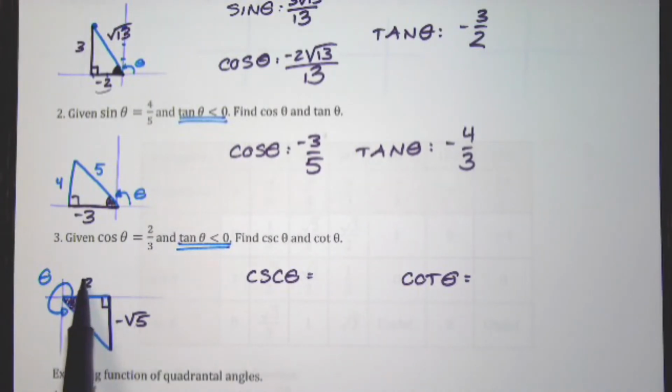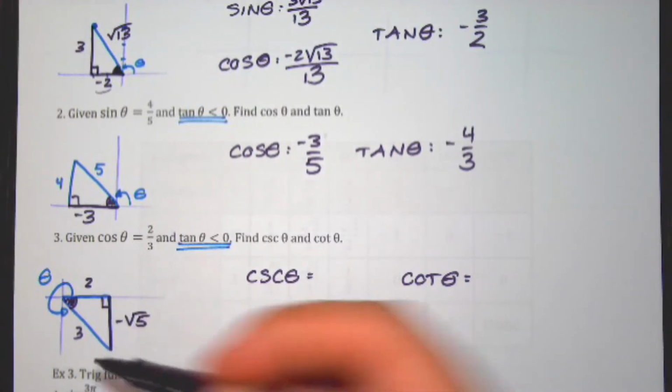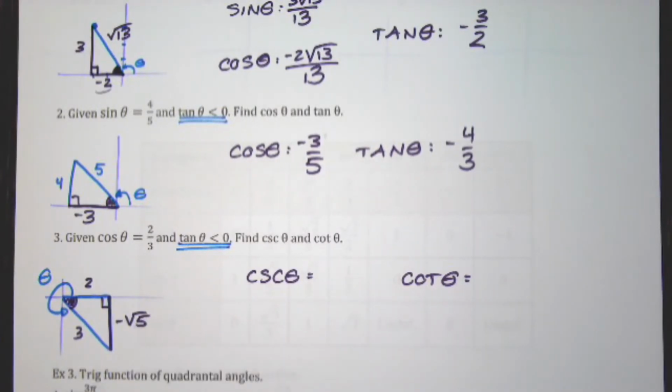So when we do that, we have our 2, that's our adjacent side, this little reference point, over hypotenuse 3. And then we do Pythagorean theorem, but again, this is going to be square root of 9 minus 4, which is square root of 5, but we need to remember to bring in that sign with us, right? Because we need to remember to have that negative for that y value as we're in quadrant 4.